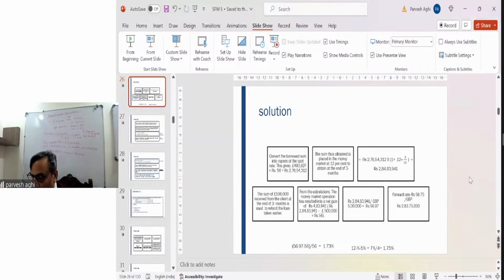Now tell me here, by using the forward rate, you would have got 2 crore 83 lakhs 75,000. By using the money market hedge, you're getting 2 crore 84 lakh 83,941. Which is better?